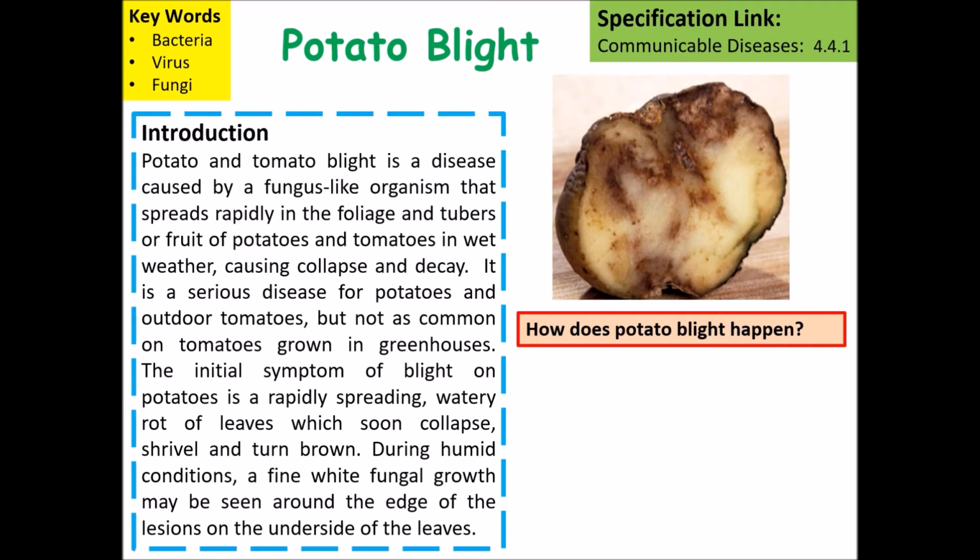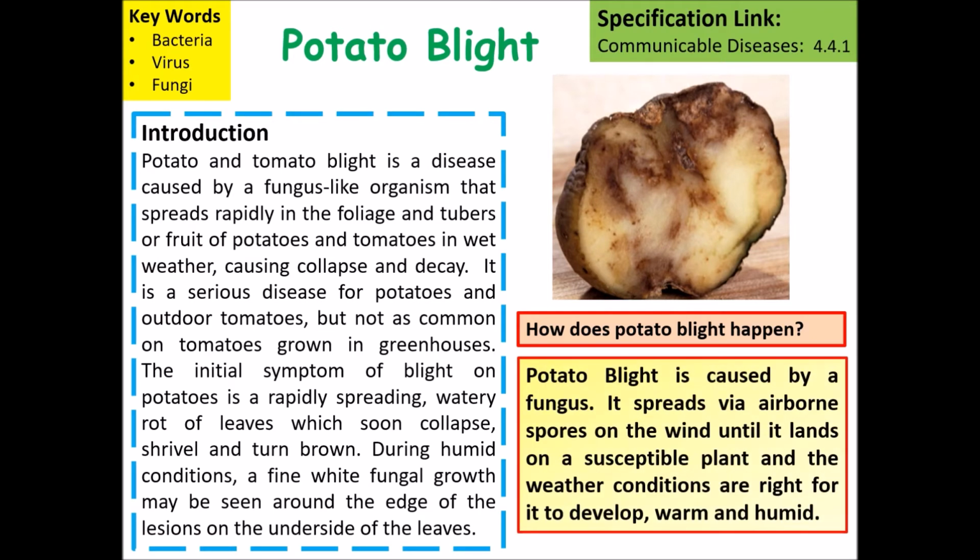Pause the video and have a look at the answer. Potato blight is caused by a fungus. It spreads by airborne spores on the wind until it lands on a susceptible plant. And the weather conditions also have to be correct. Humid and warm weather conditions cause it to spread very, very rapidly.